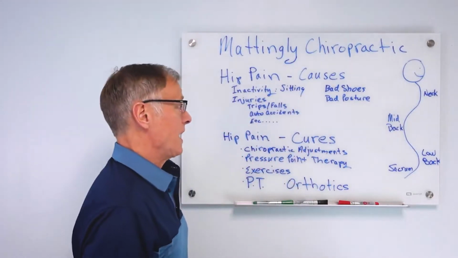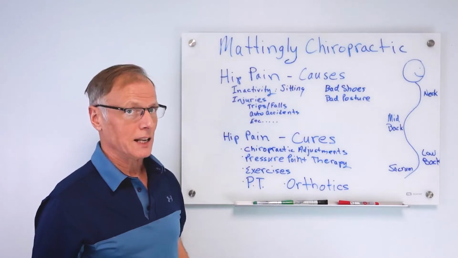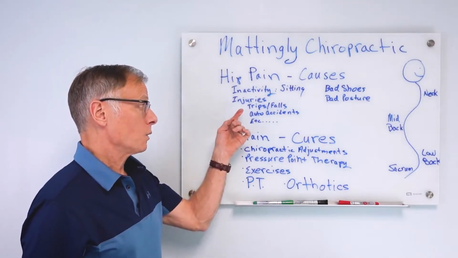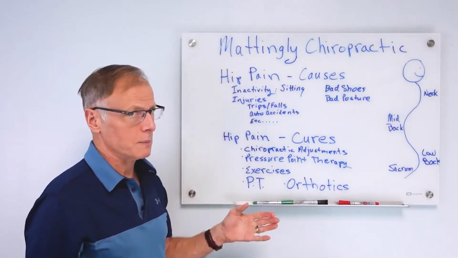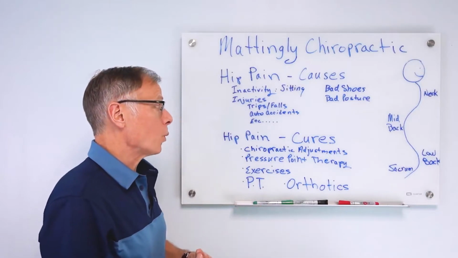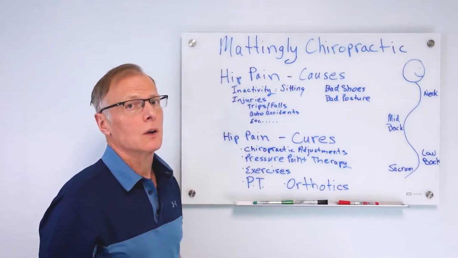Causes of hip pain can be due to inactivity, basically sitting a lot, and injuries, which could be trips and falls, auto accidents, or any kind of injury a person might have. One of the hardest to treat is auto accidents.